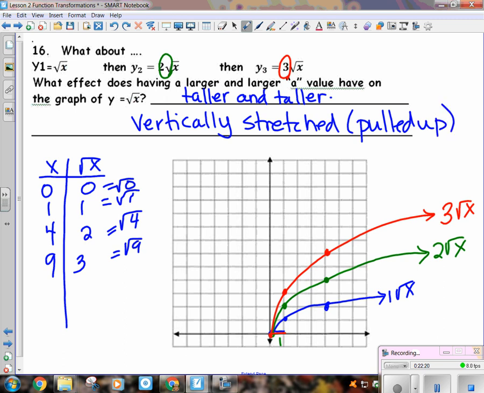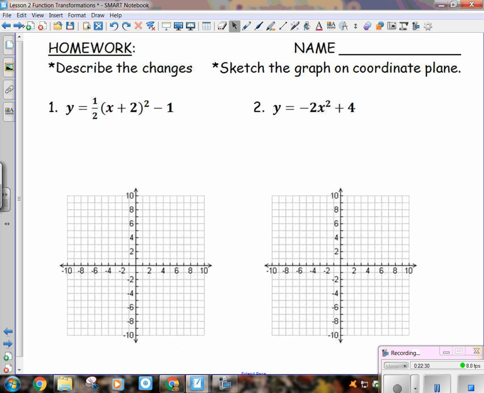Okay. All right. Does everybody kind of get the idea? So these are our observations that we hopefully can see from changing the a value, which is going to shrink and shrink it.